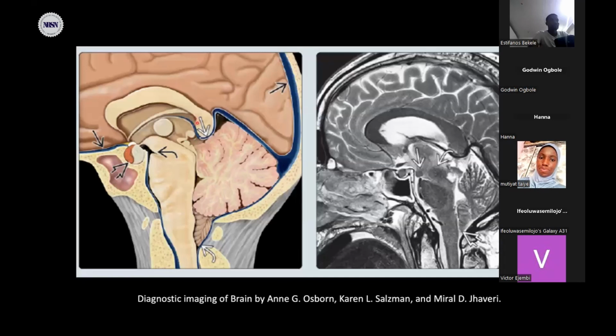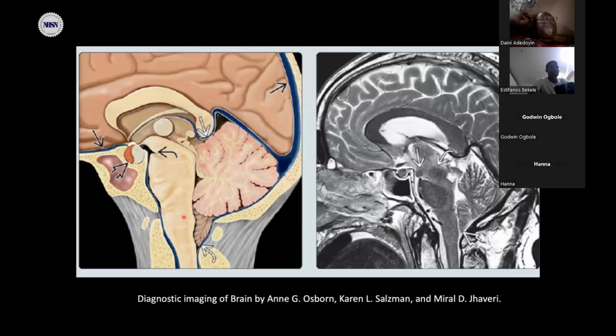Then the depression of the splenium of the corpus callosum, which gives us the venous hinge sign, and a narrowed angle between the internal cerebral veins and the vein of Galen, sagging of the brainstem, a prominent or enlarged pituitary gland, right?